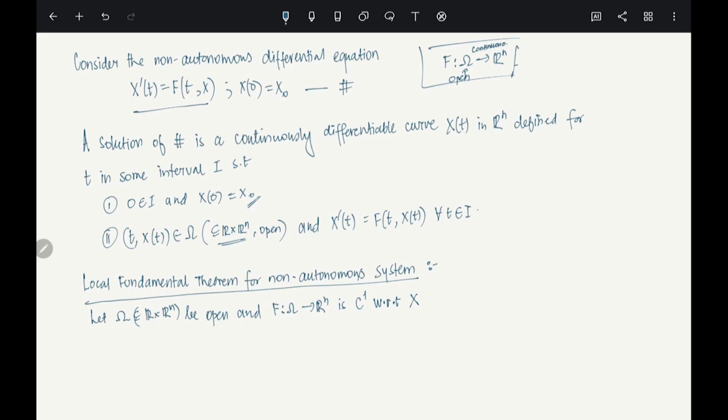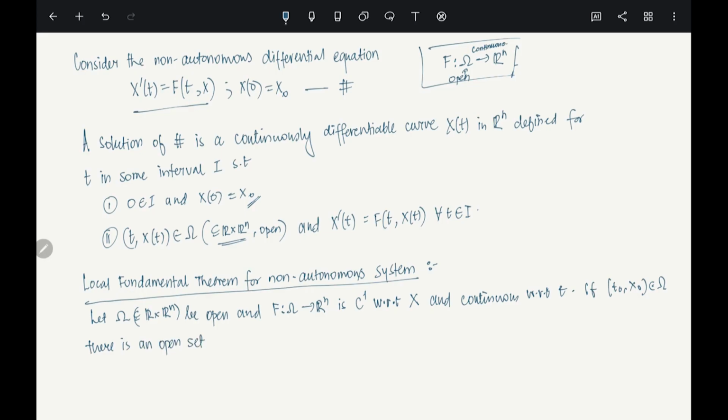So it has to be C1 with respect to x. C1 means continuously differentiable, right? And with respect to t, what do we need? We need the very basic requirement. We just need continuity, continuous with respect to t. Then if, let's say, t naught, x naught is in omega, there is an open set.